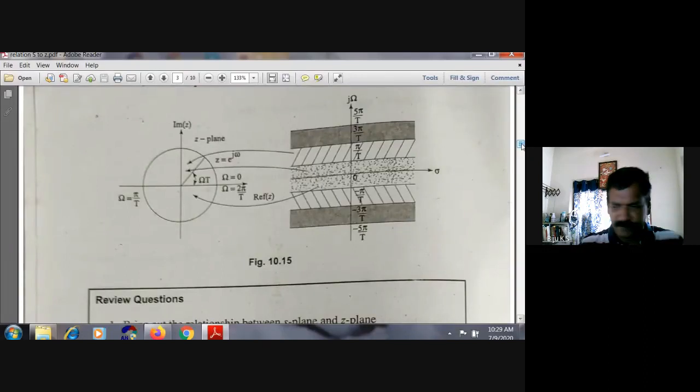Okay, so this is the theory behind the conversion of relation between z domain to s domain, or vice versa. You can convert from here to here also.